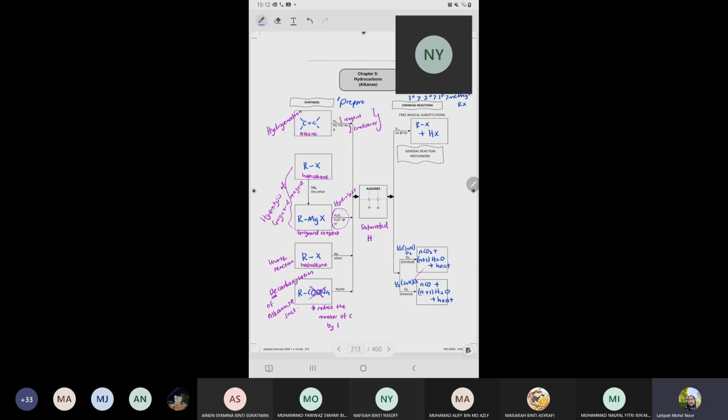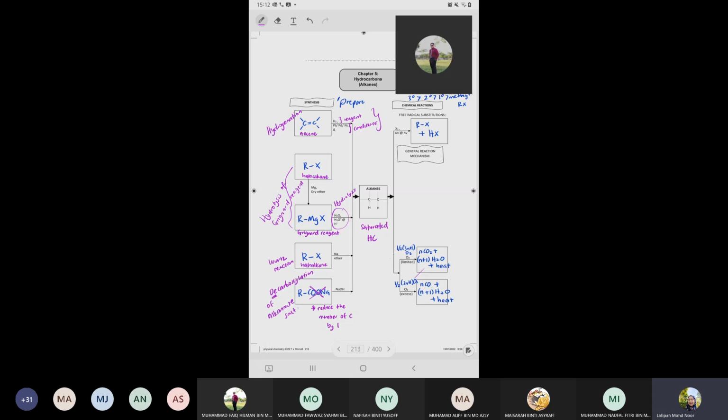Saturated ni maksudnya apa? Apa maksud saturated? Tepu madam. Tepu. Okay, jangan jadi tepu belajar chemistry.